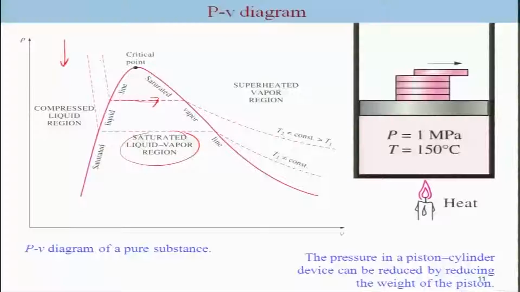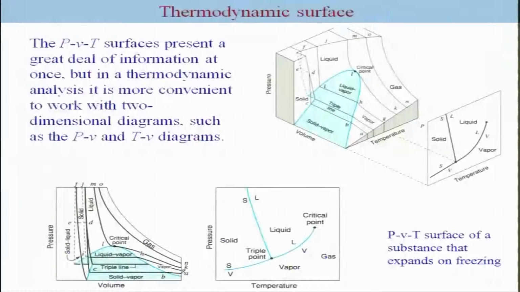As we reduce the pressure until the liquid starts vaporizing, it will remain in the compressed liquid region, and then it will reach the saturated liquid vapor region until all the liquid gets vaporized, and subsequently the volume keeps expanding, and thus the slope is negative and it will be in the superheated region. So, the rest of the definition of the regions remains the same. So, this is the PV diagram of a pure substance.